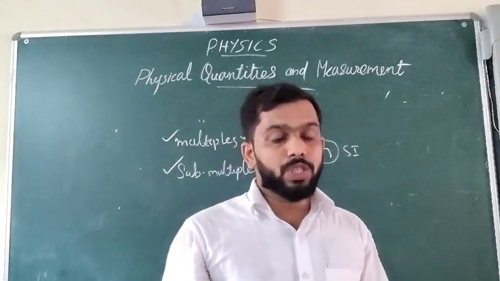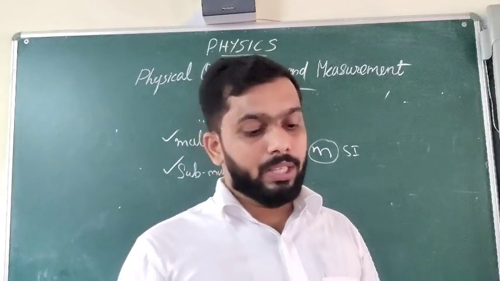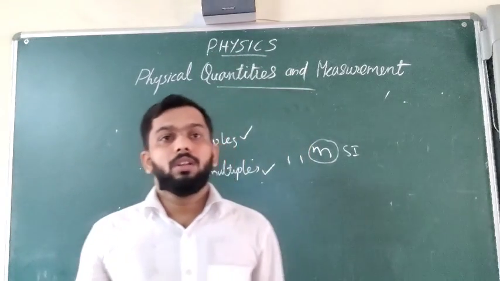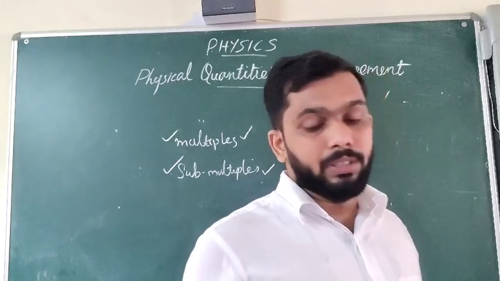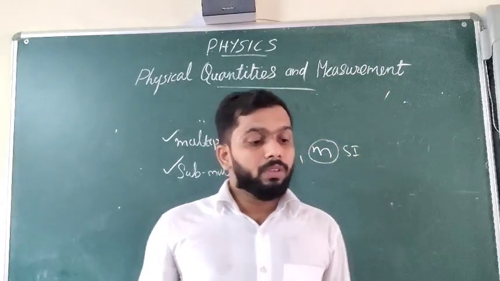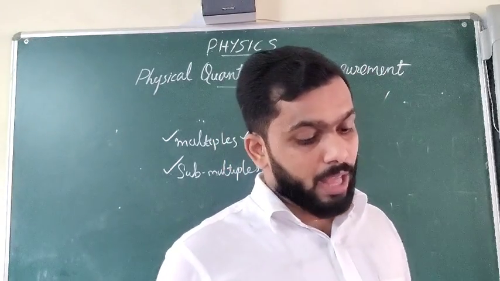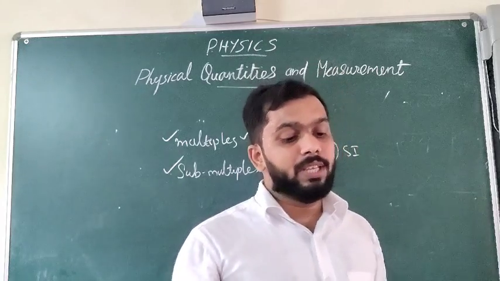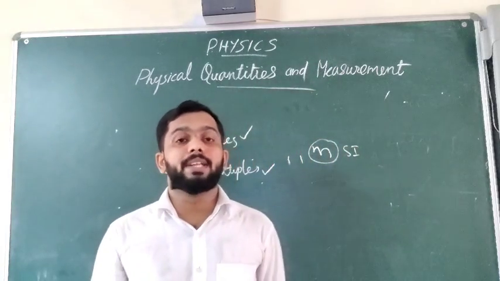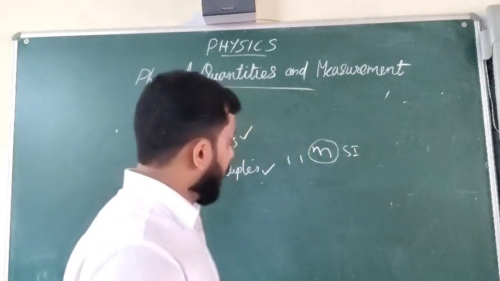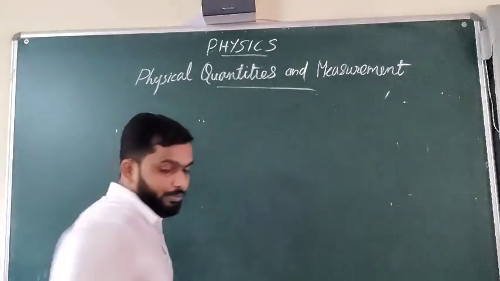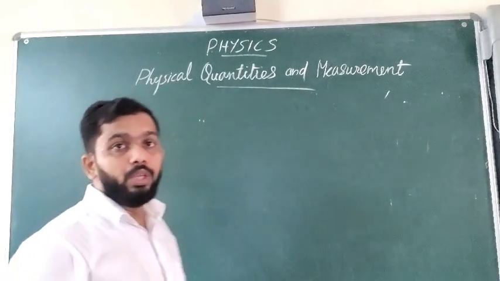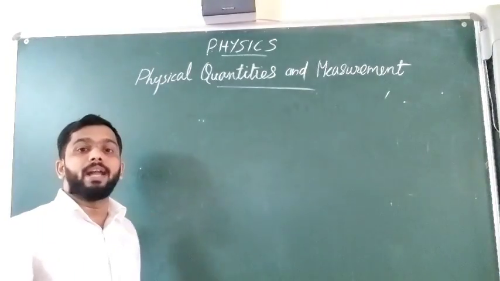So what are the rules or guidelines when we are using SI units? First one, look at page number 20, table 3.3. Unit names: a unit is generally written in small letters. That means if I ask what is the SI unit of length, it is a one-word answer.